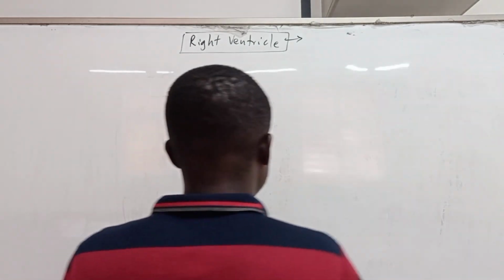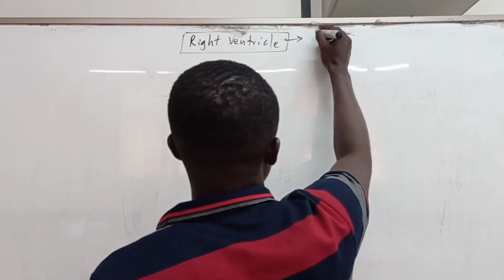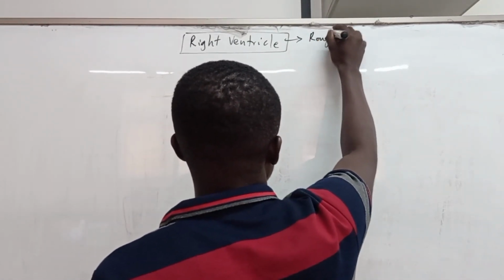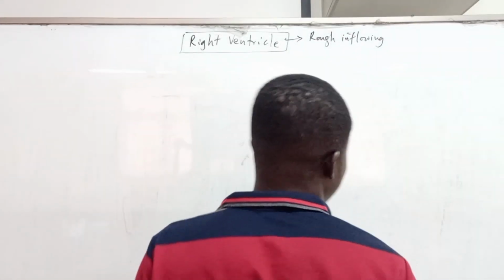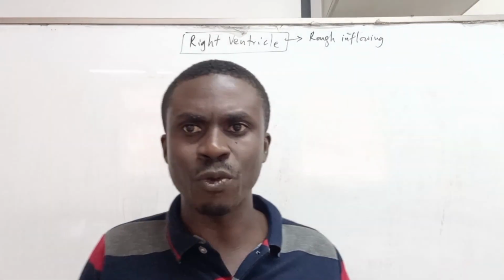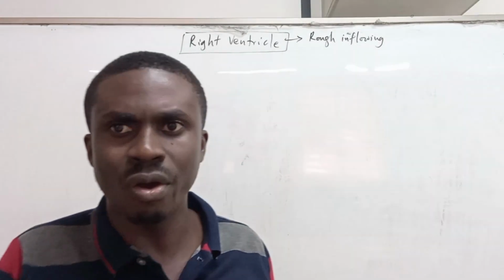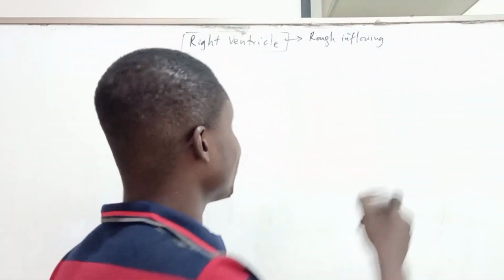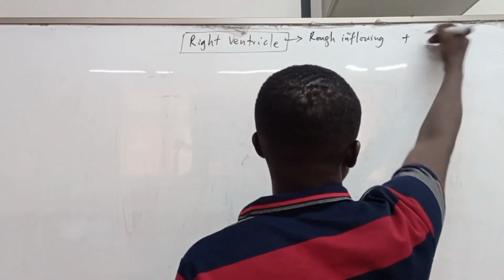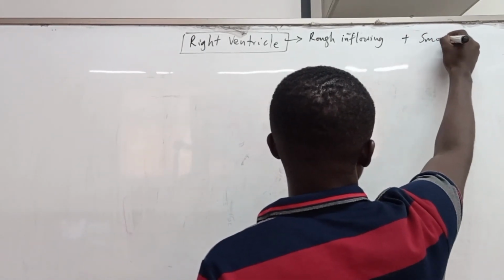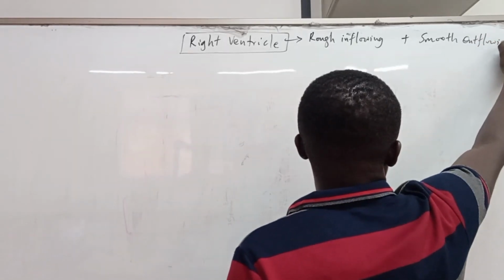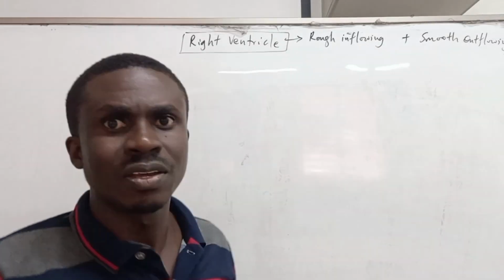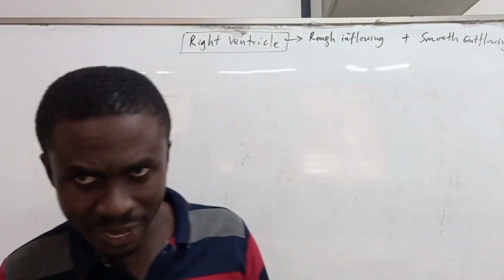So for whichever ventricle I'm talking about, we have the rough inflowing part, something we also call the trabeculated part of the ventricle, and then we have the smooth outflowing part, or the conus part.